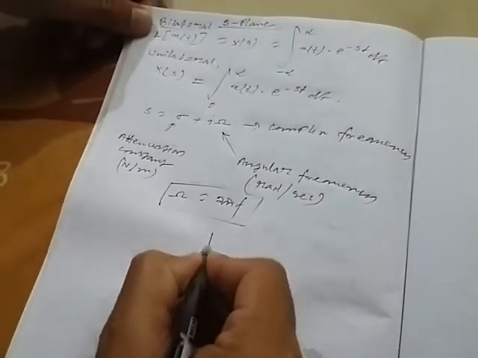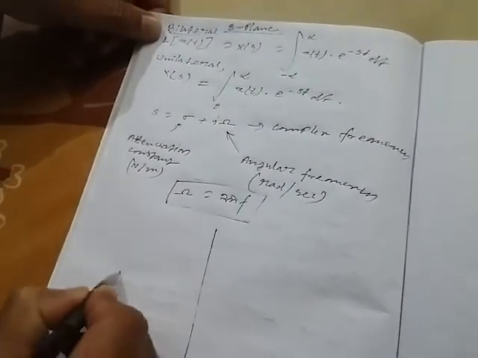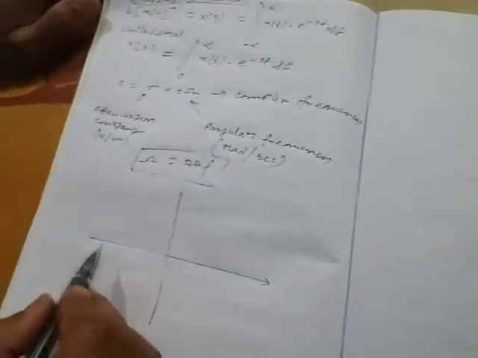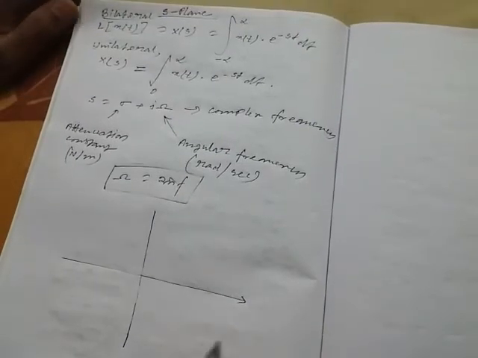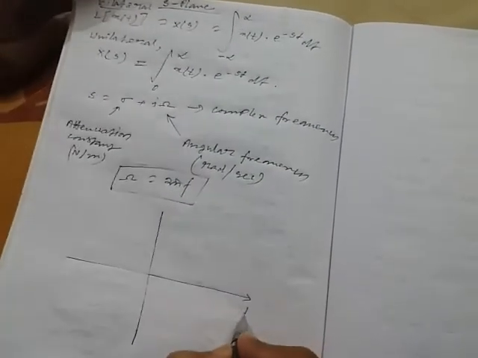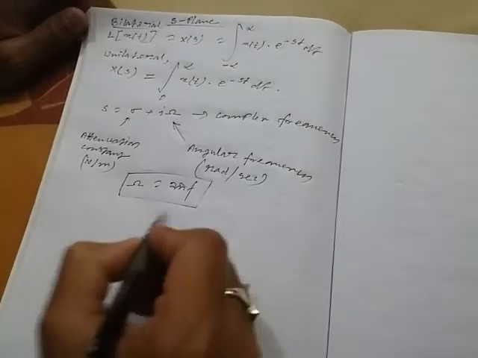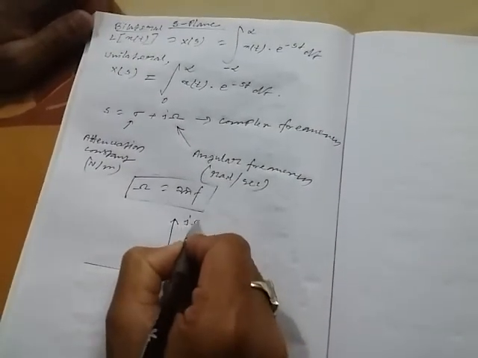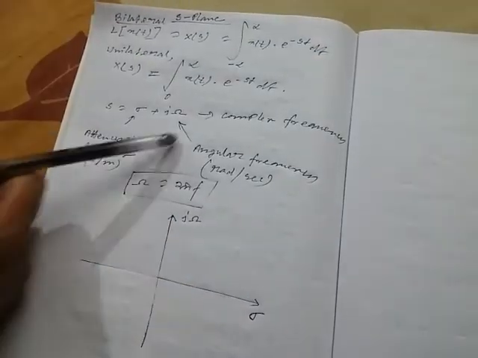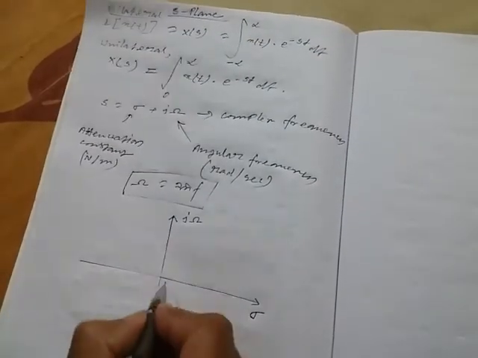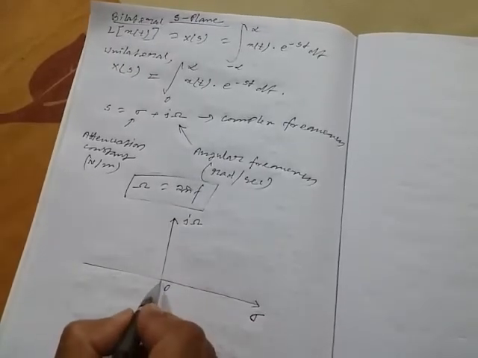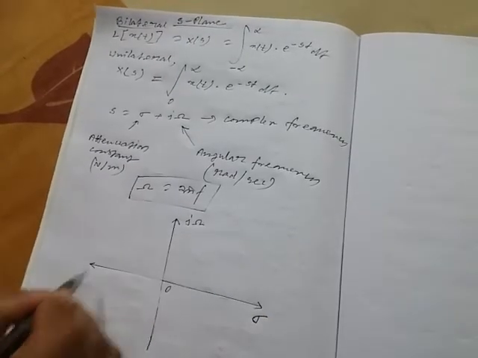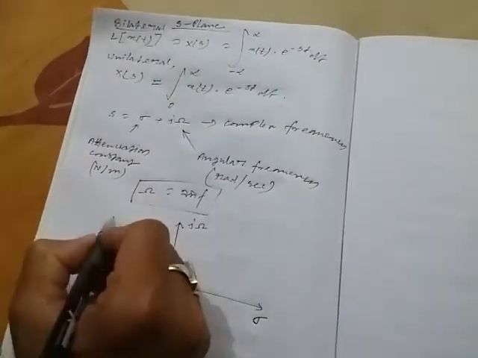Along the x-axis, or horizontal axis, there is the real part of s, that is sigma. Along the y-axis, or vertical axis, we have the j omega part, the imaginary part of s. This is the origin of the coordinate system, and this coordinate system is known as the S-plane.